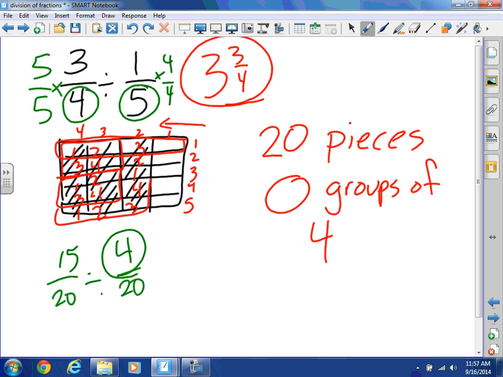So 15 divided by 4 equals 3 with a remainder of what? And because I'm dividing into groups of 4, it's 3 out of the 4, so it's 3 3/4. That's why this works. I need you to connect this. Once I have an equal number of pieces, I'm just dividing the numerators, and that's it.